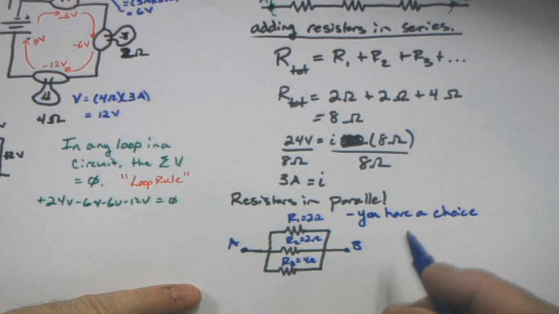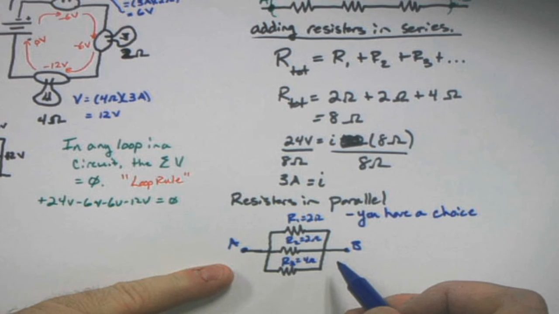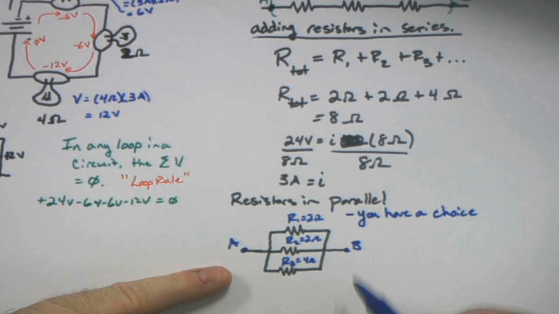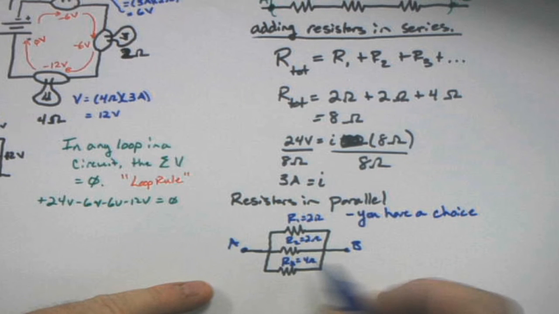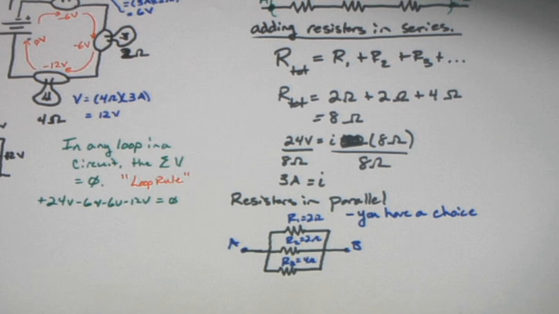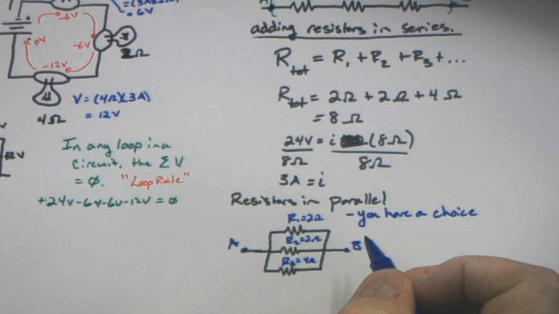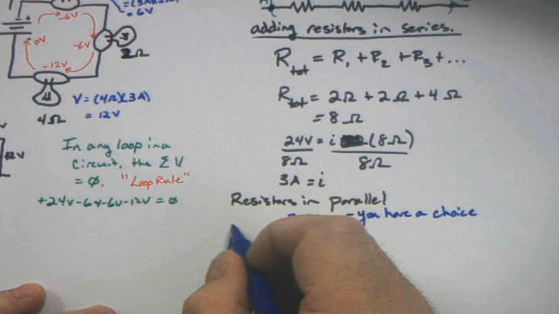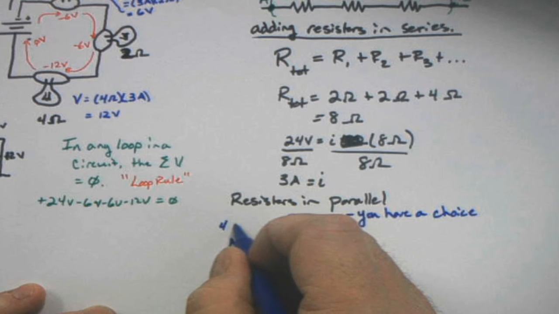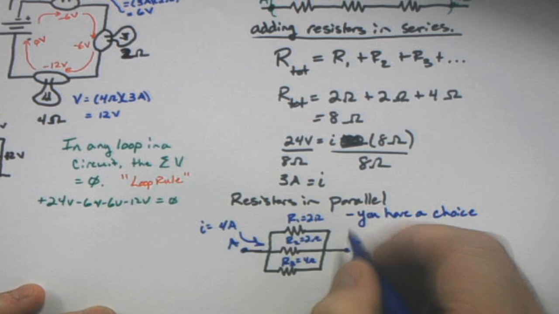So if you can go from A to point B using any choice, then the resistance isn't going to be the same as if you go through all 3 of them. You don't go through all 3, you only go through one of them. But here is where the loop rule comes in. We're going to call this 4 amps going this way.